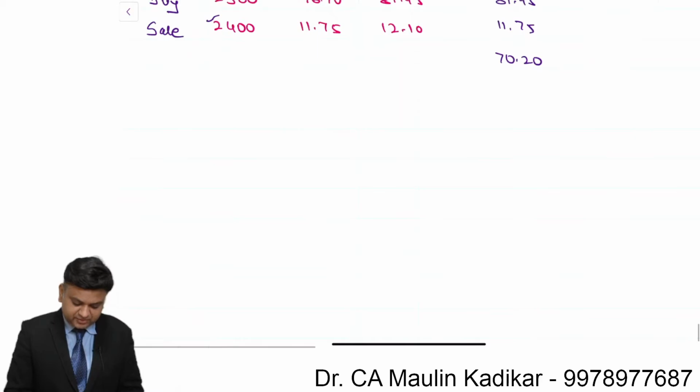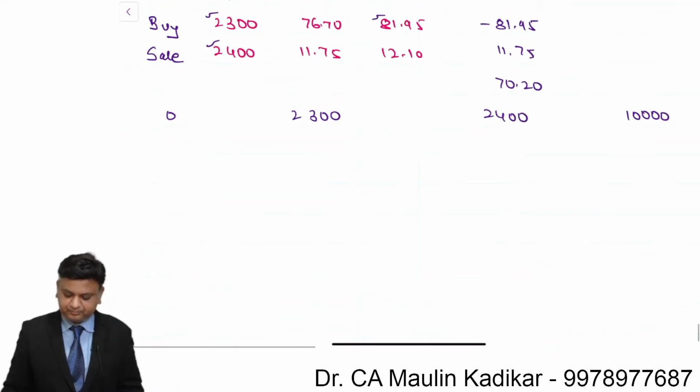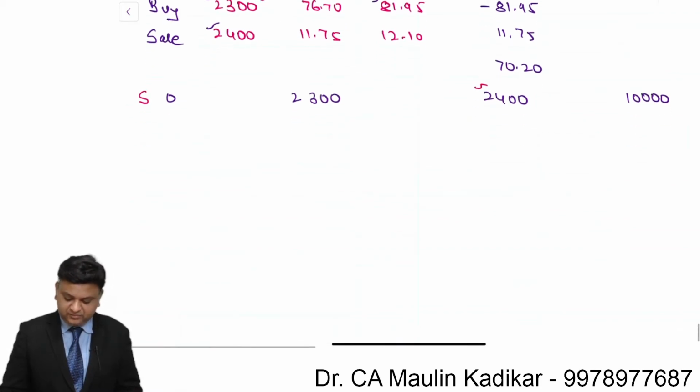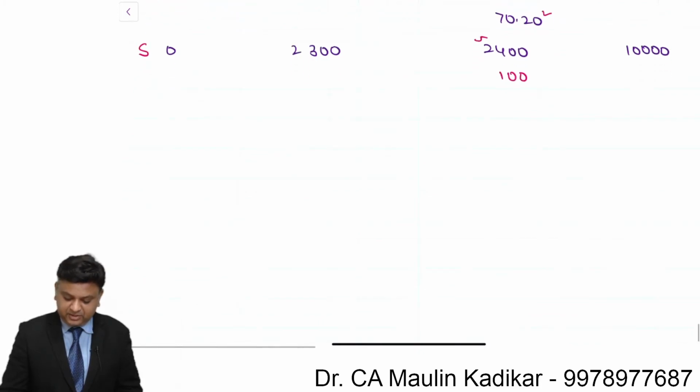Now the spot price of the security is 0, 2300, 2400, and let us say 10,000 rupees. What will happen if the spot price of the equity share is 2400? Then the option that you have purchased will have a payoff of 100. The premium that you paid initially is 70.20.